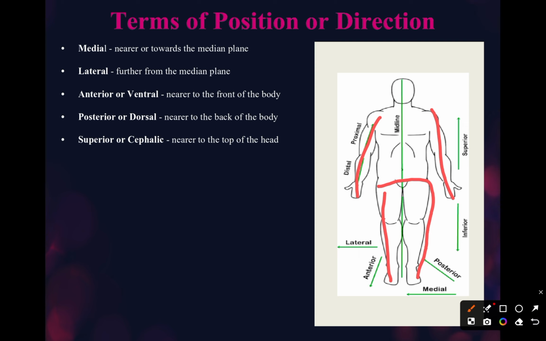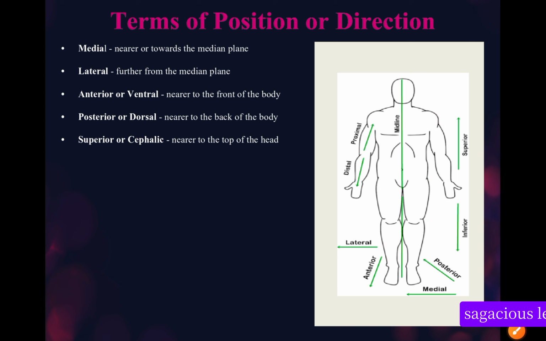In anatomy, especially gross anatomy, you don't say it is above. The correct anatomical direction is to say it is superior to the lower limbs. Instead of saying the upper limbs are above the lower limbs, you go straight and say it is superior to the lower limbs.